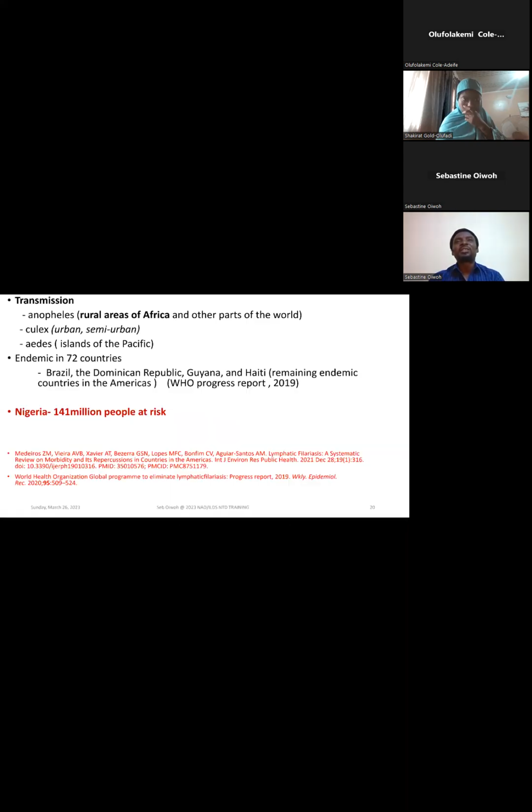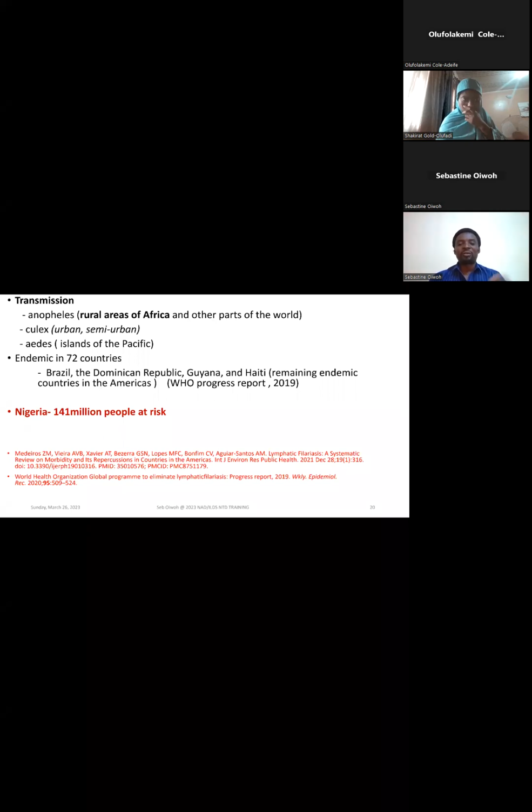We know that this is caused by mosquitoes: the Anopheles mosquito, which is common in Africa, and Culex and Aedes, which are not as common in Africa. It's endemic in 72 countries, and Brazil, the Dominican Republic and Haiti also have quite a high concentration. It's important to note that about 141 million people are at risk of this disease.